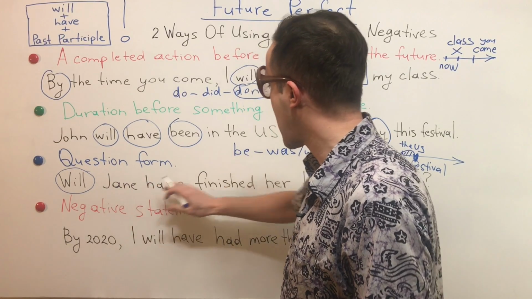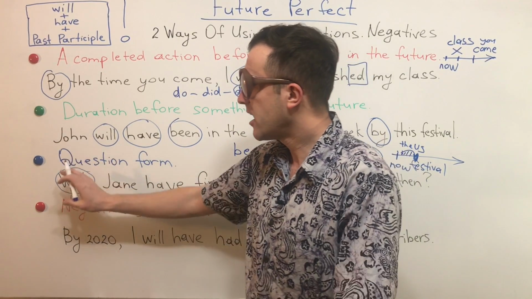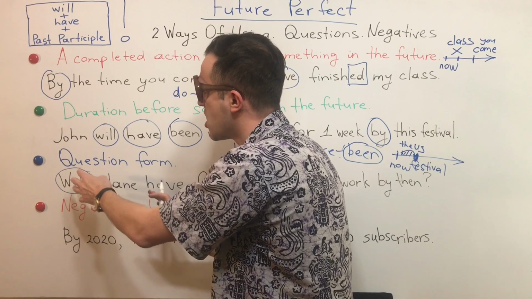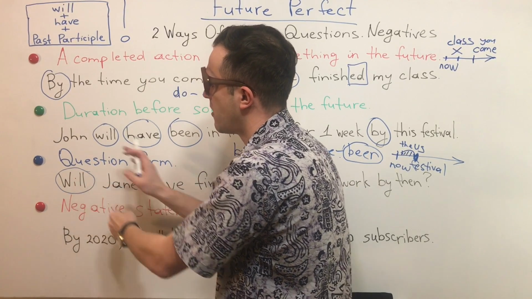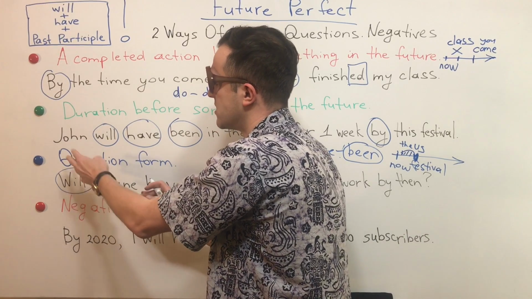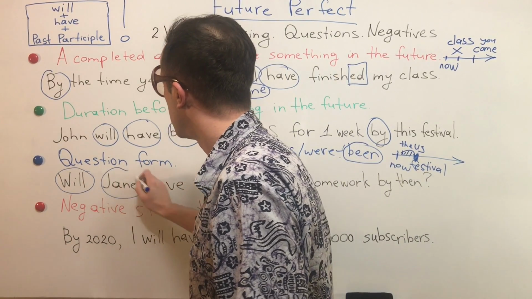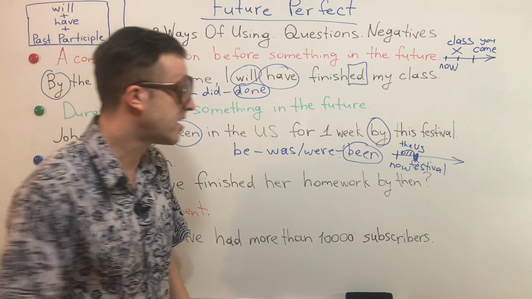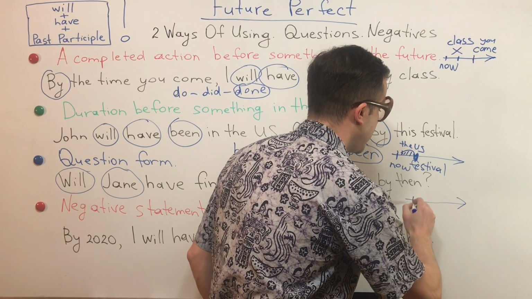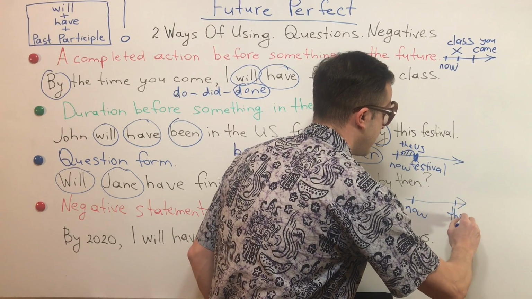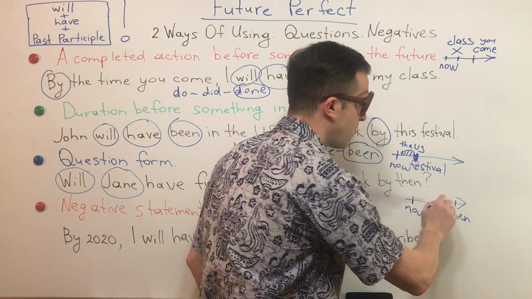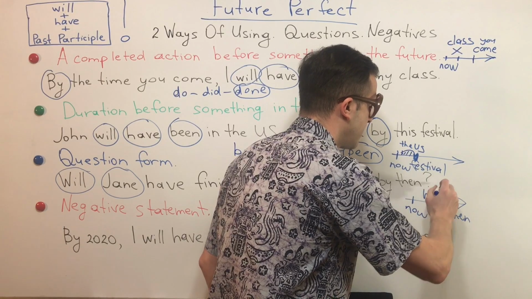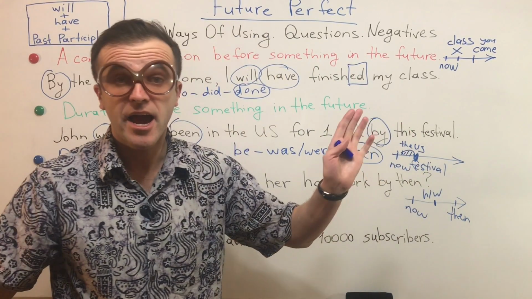The compound predicate is will have finished. So only one element we put at the beginning. So we change the places. Jane was in the first place, but now Jane is in the second place. So: Will Jane have finished her homework by then? So here's now, here's then, and here's Jane. Somewhere Jane will have finished her homework. Okay? I hope it's clear.